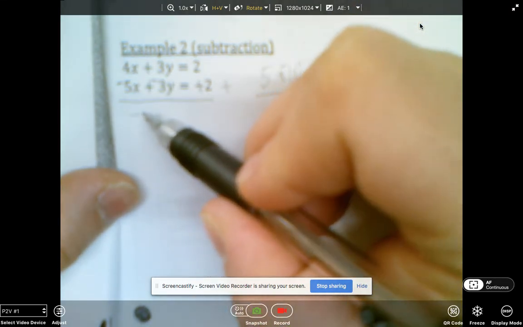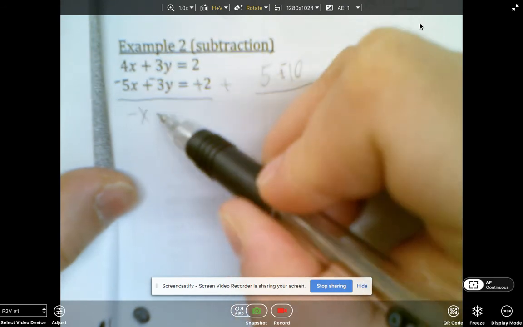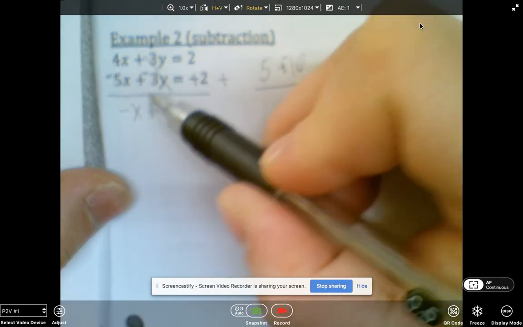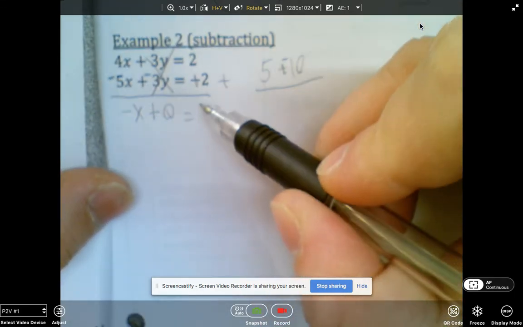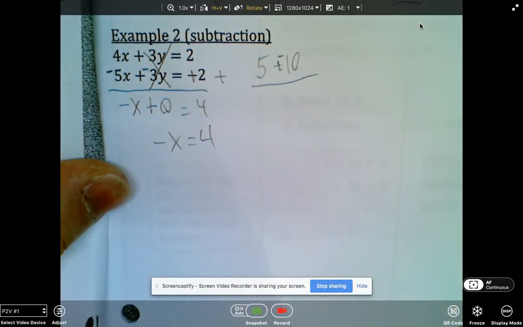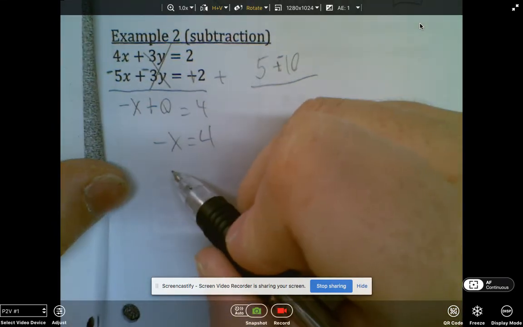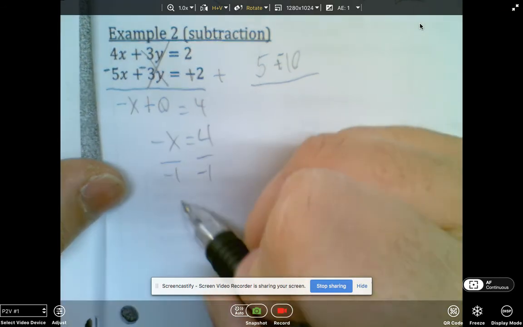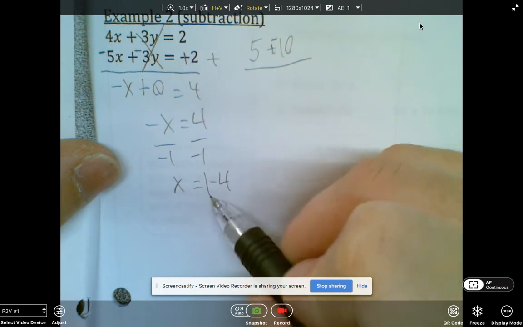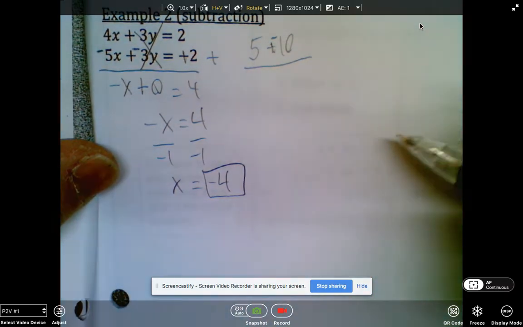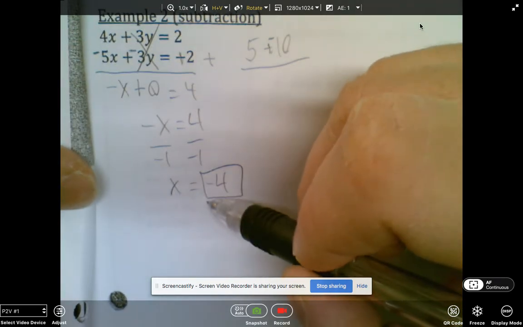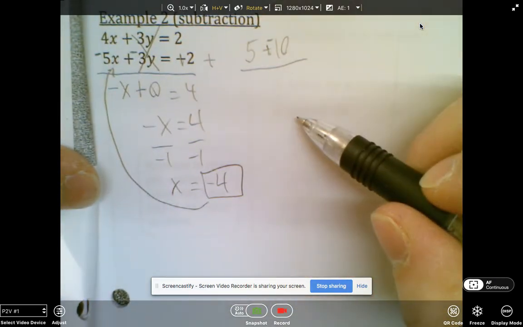So here you're left with negative x plus 0, or nothing because that eliminates, equals 4. So negative x equals 4. So then what would you do to both sides to solve for x? Divide by negative 1. You're left with x equals negative 4. So I'm going to back sub that into one of my originals. I'll be different this time and just back sub it into the second equation.